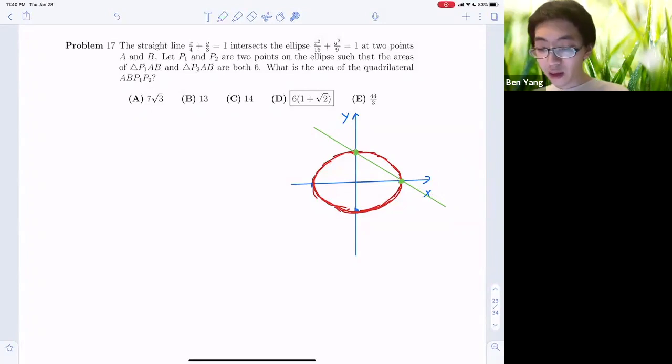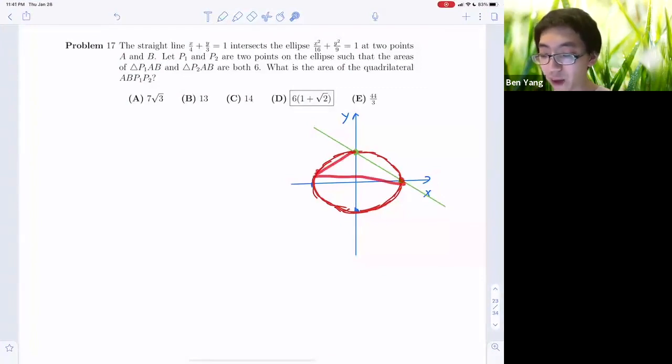And then P1 and P2 are 2 points on the ellipse such that the area of triangle P1AB and the area of triangle P2AB are both 6. And we want to find the area of the quadrilateral AB P1 P2.